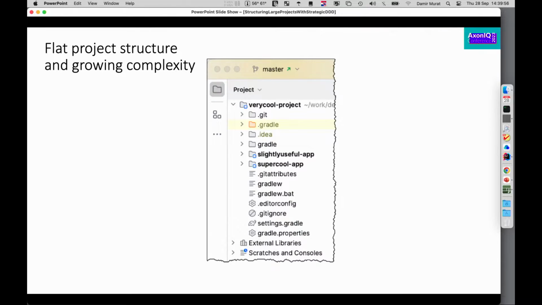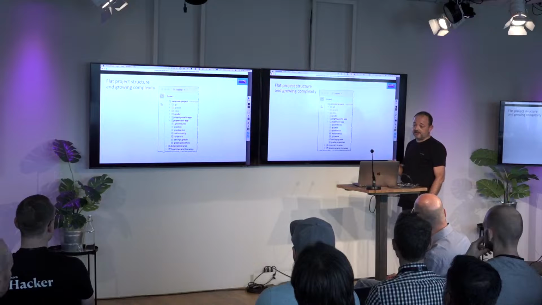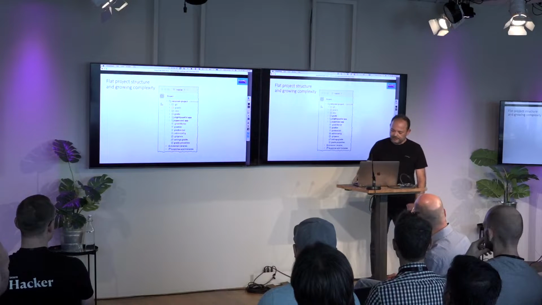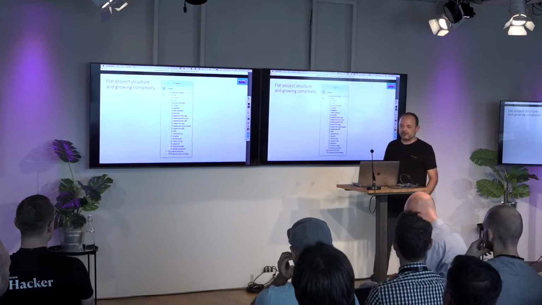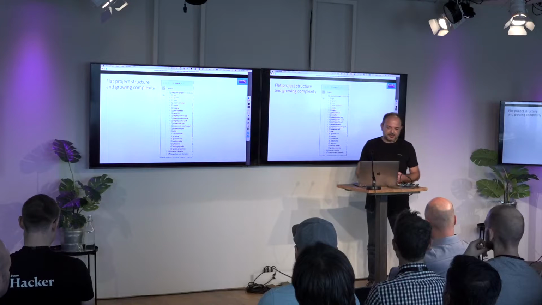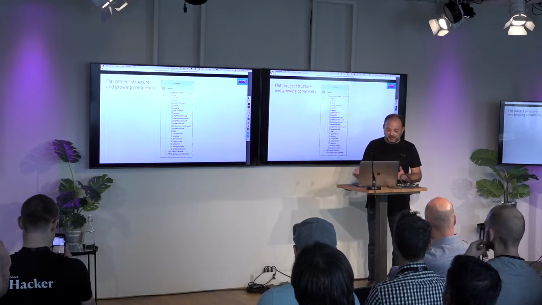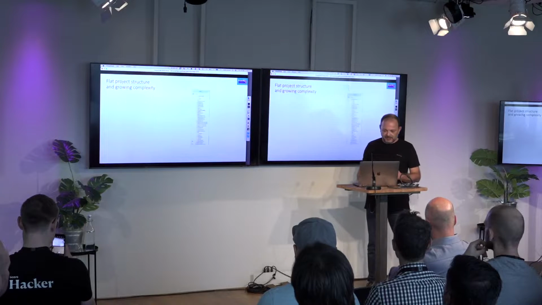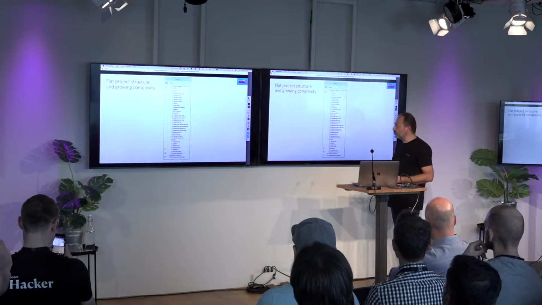And this is the moment where things start rolling quickly. For sure, you will notice you have some code to share. And a good way to do this is to extract it into a standalone module and provide that module as a dependency to your applications. If feature requests keep coming in, over time you will have even more modules to share.